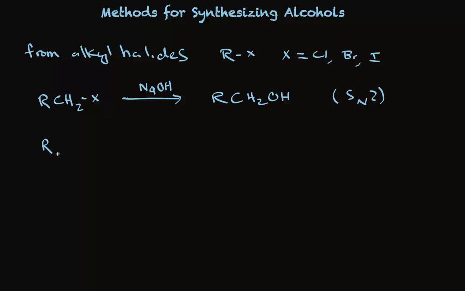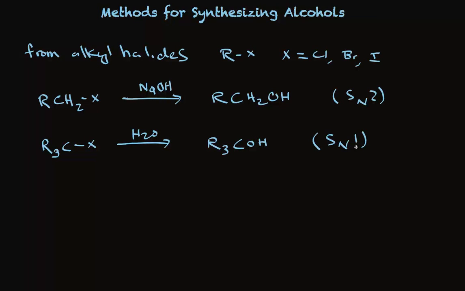Tertiary alkyl halides can be treated with water. This is an SN1 reaction, and you can make alcohols in reasonable yields. I'm just going to put SN1 there so you remember that the things that you know about SN1 reactions apply.